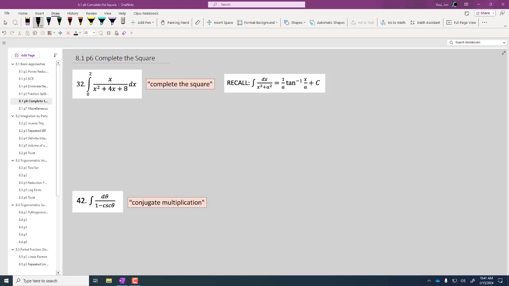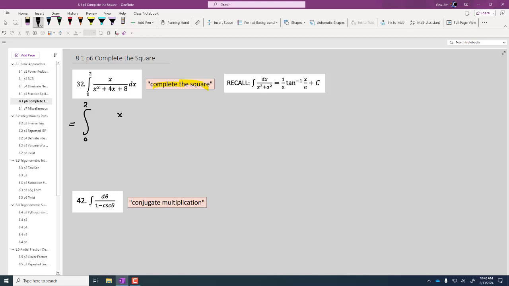That trinomial is managed by another college algebra technique, completing the square. Also notice that we have a definite integral in this case, integrating from 0 to 2. Gotta love that. A little extra work just for practice.